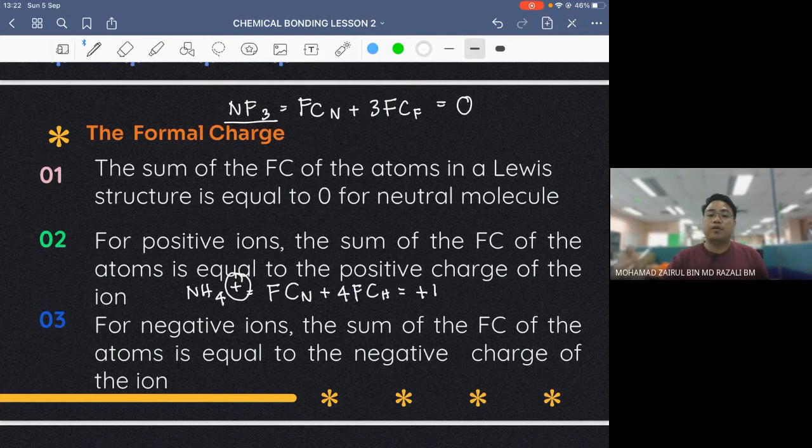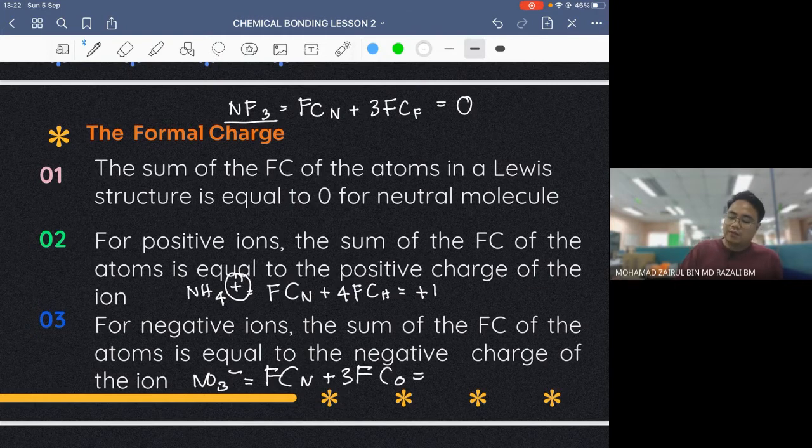Okay, same goes for a negative charge. If you have NO3 minus, the total formal charge of nitrogen plus 3 times the formal charge of oxygen must equal negative 1, which is equal to the charge of the ion. Okay, this is the basic concept for the formal charge.